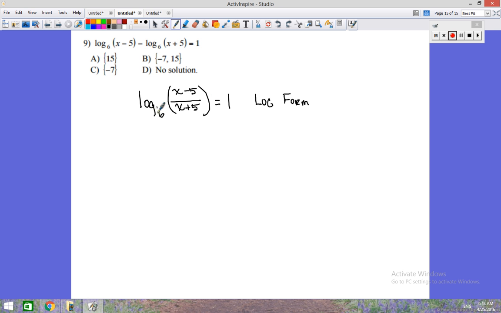The base of this is 6, that small value. This 6 has some exponent associated with it. Well, a logarithm equals the exponent. So this 1 here is the exponent for this base of 6, and that's equal to our argument, which is this fraction.